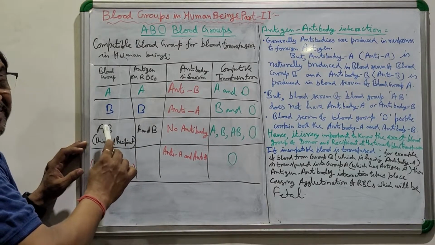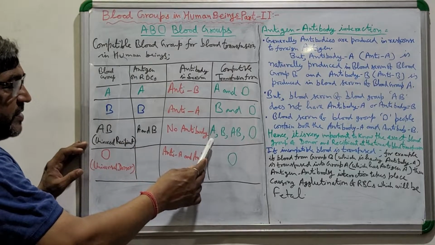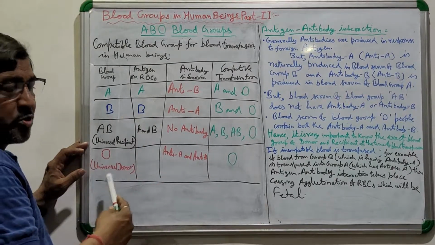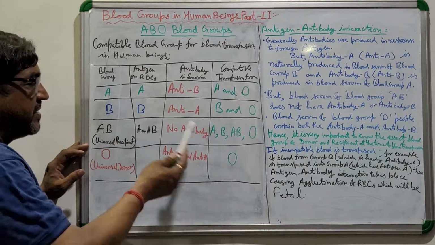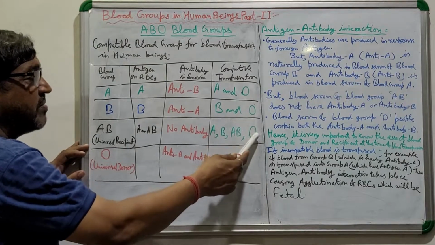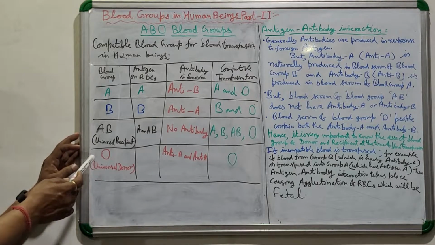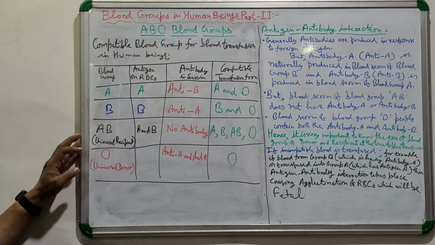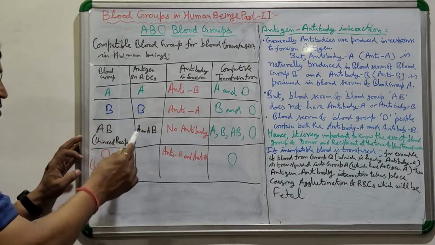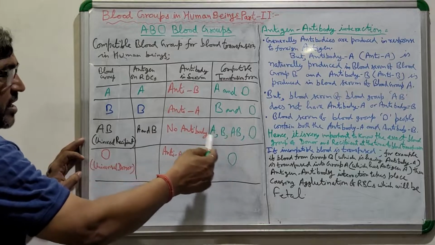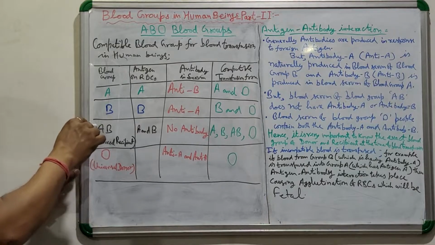So this is beneficial. The AB blood group people can receive blood from A group, from B group, from AB, as well as from O group. Because no antibody is present in the serum and A and B both antigens are present in the RBCs, this is called universal recipient, because you can transfer any blood group into AB.